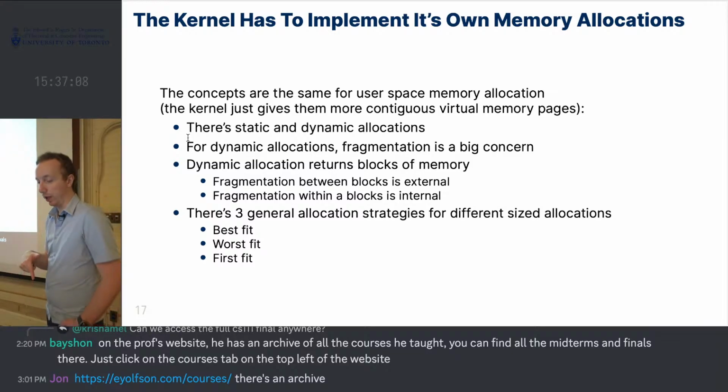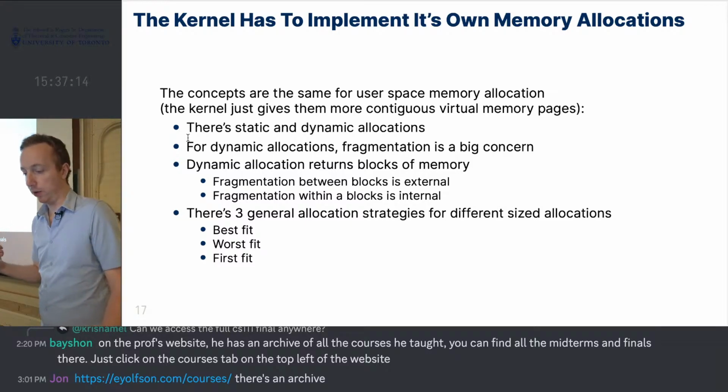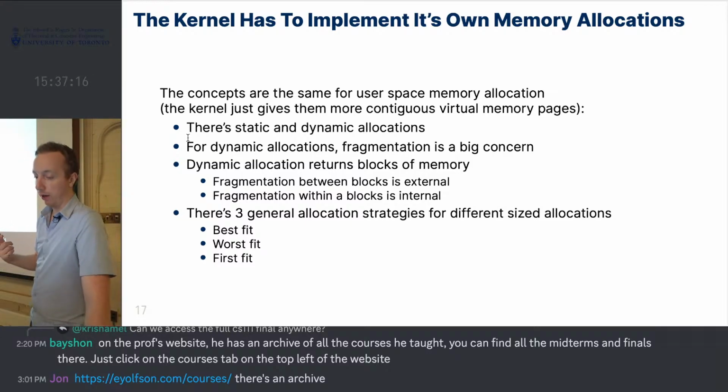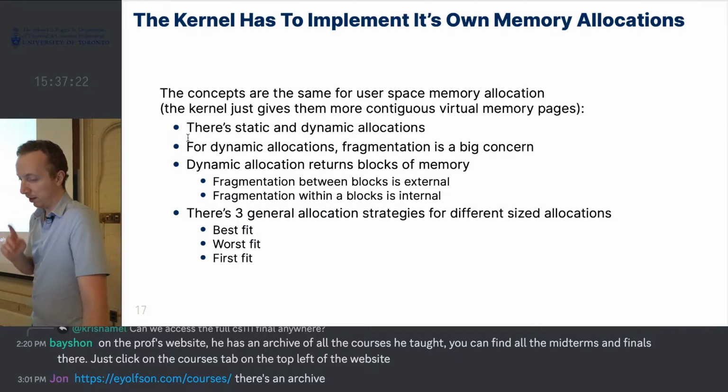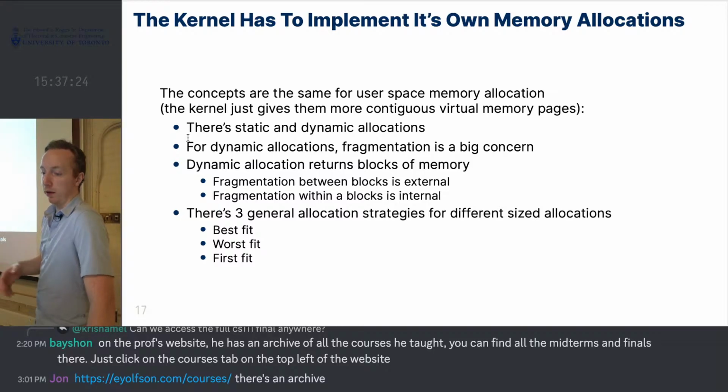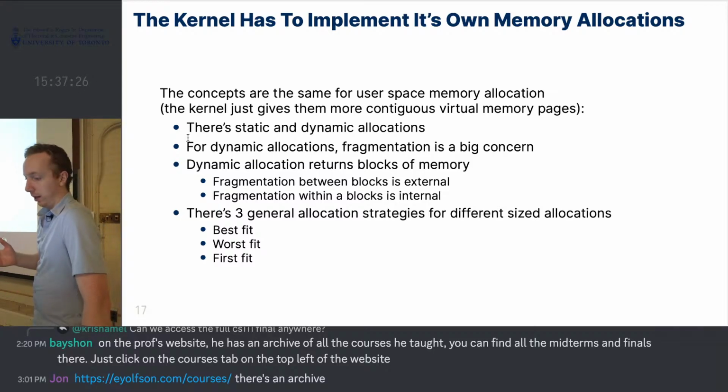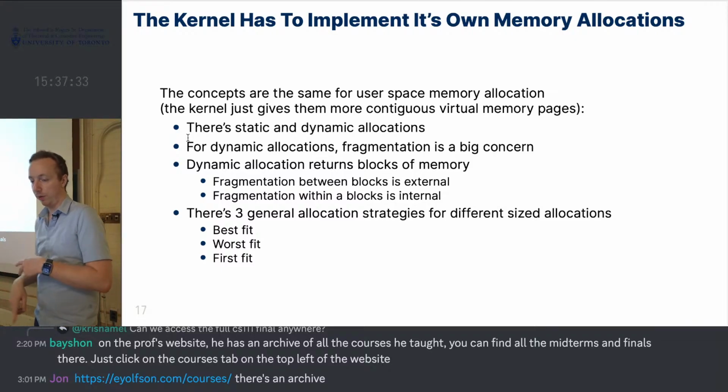Dynamic allocation just returns you a pointer to a block of memory that you are not allowed to change. Fragmentation between the blocks is called external. Fragmentation within a block is called internal fragmentation. And if you were to implement general allocation strategies for malloc, for different sized allocations, we saw best fit, worst fit, and first fit.